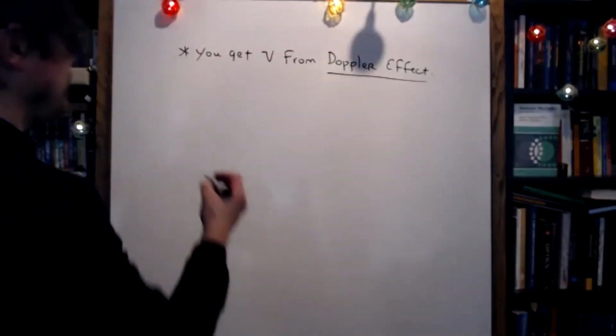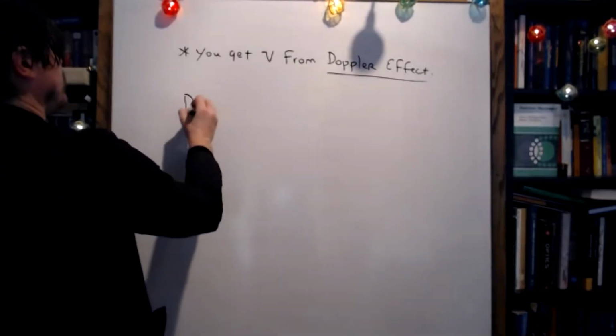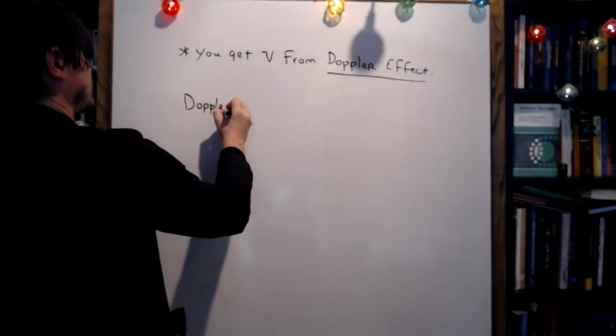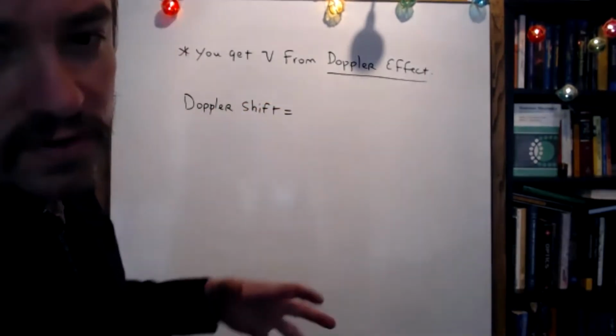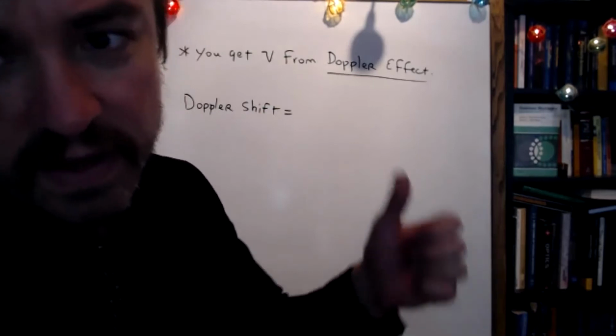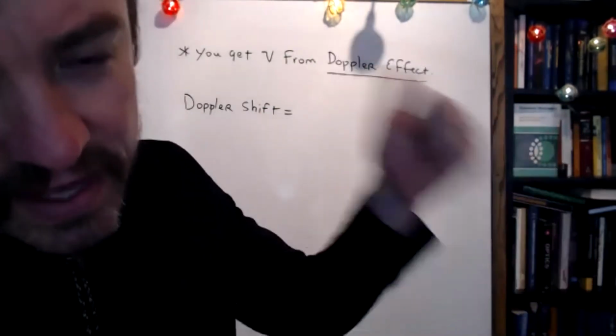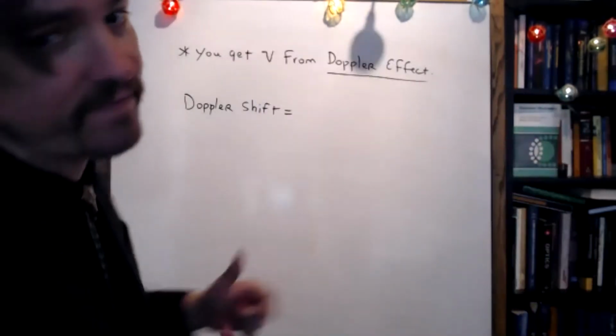And the Doppler effect, let's see if we can define this. They sometimes refer to it as the Doppler shift. And it's a phenomenon that occurs with almost all types of waves, but particularly with light waves and particularly with audio waves.